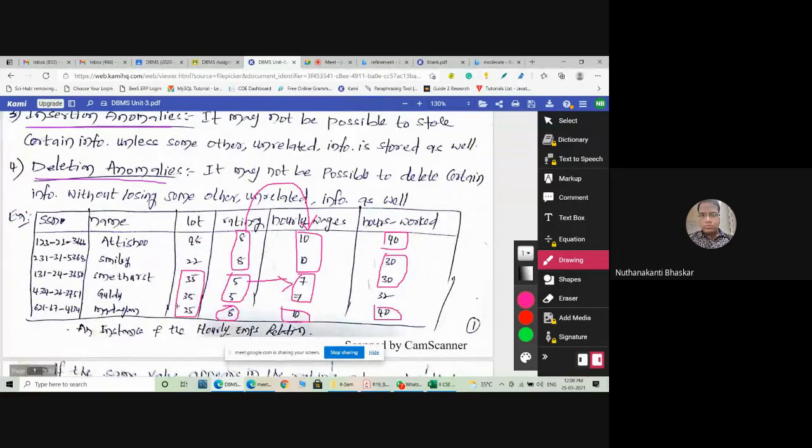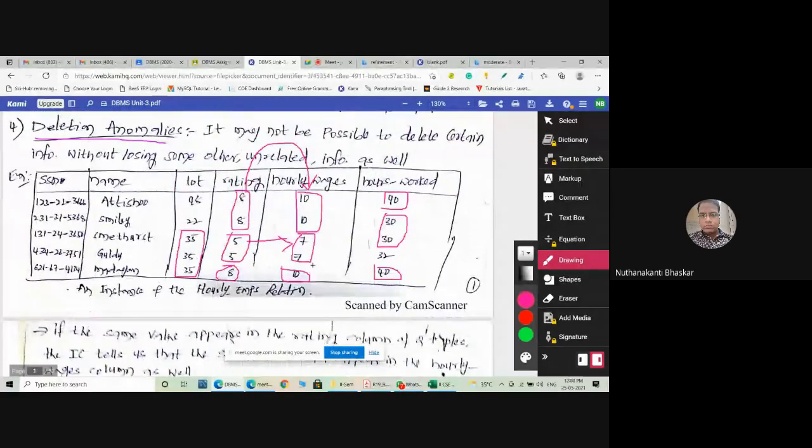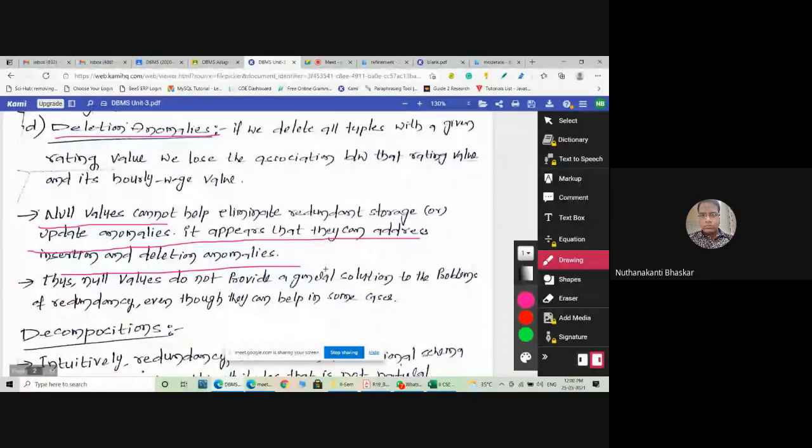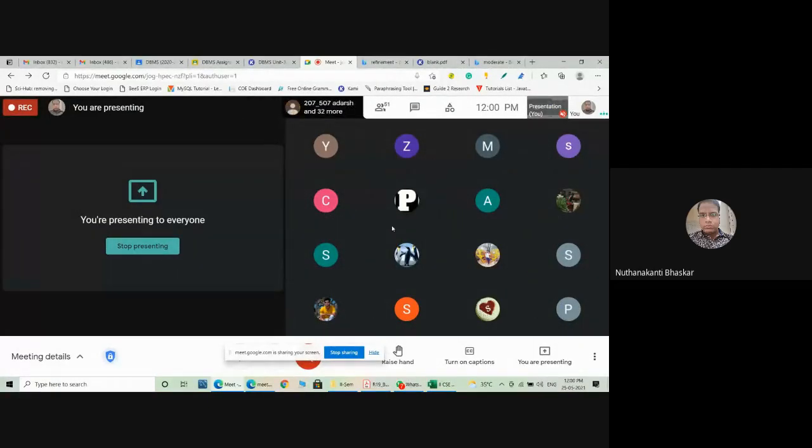If any null value is there, we cannot have any problem with redundancy. Null means there is no memory, and if there is no memory, there is no meaning of the value, so there is no chance of redundancy.